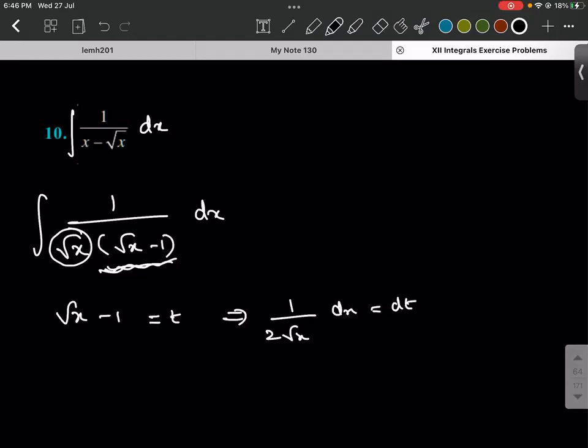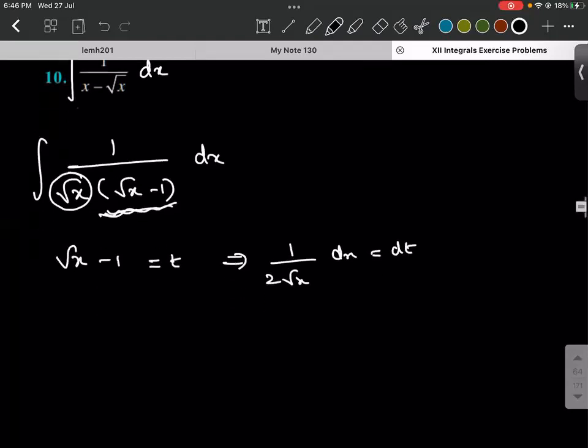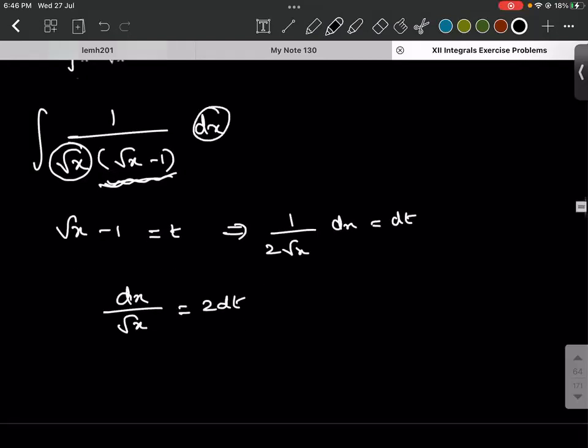Am I clear with this? Then the 2 will go to the other side. dx divided by root x will be equal to 2 dt. So dx divided by root x is 2 dt. So 2 dt divided by t. Does it make sense? Observe. If there is any doubt, let me know. dx divided by root x is 2 dt.